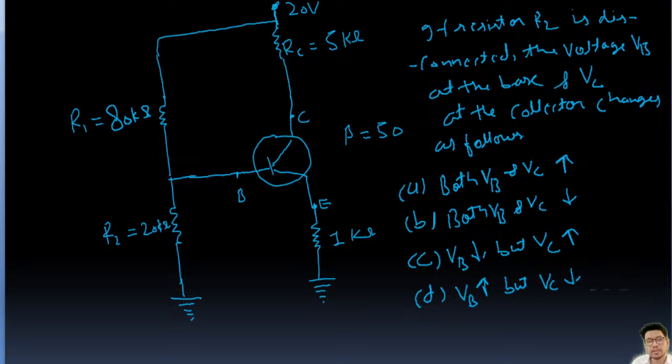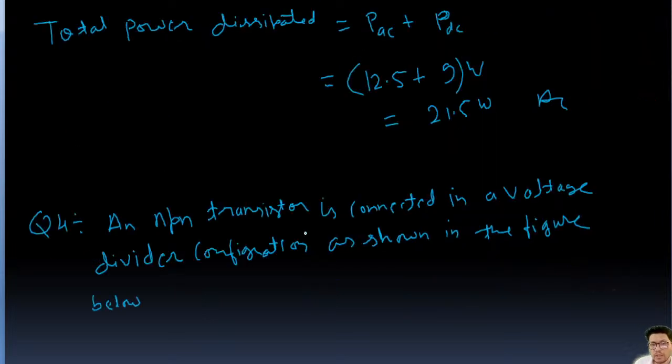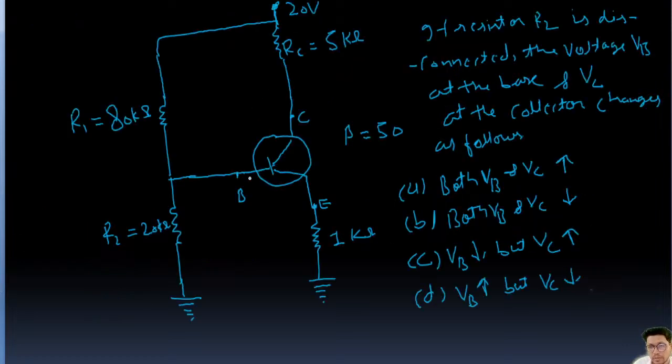So the question is this: an NPN transistor is connected in a voltage divider configuration as shown in the figure, okay. This is the NPN transistor connected in the voltage divider configuration, and these are the values given.